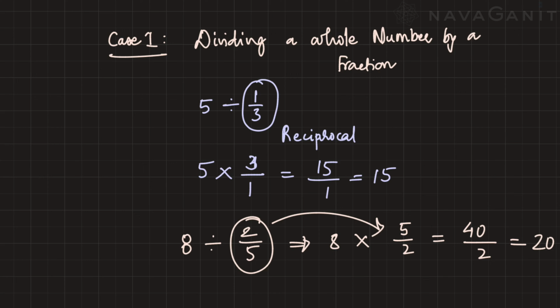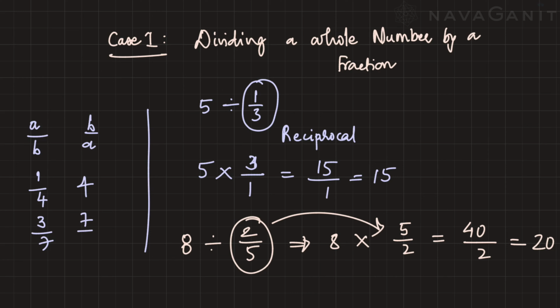So what do we mean by reciprocal? Whenever we have a fraction, say a upon b, the reciprocal of this would be b upon a. Say we have 1 by 4, the reciprocal would be 4 by 1, that is 4. Similarly, say we have 3 by 7, the reciprocal would be 7 by 3.